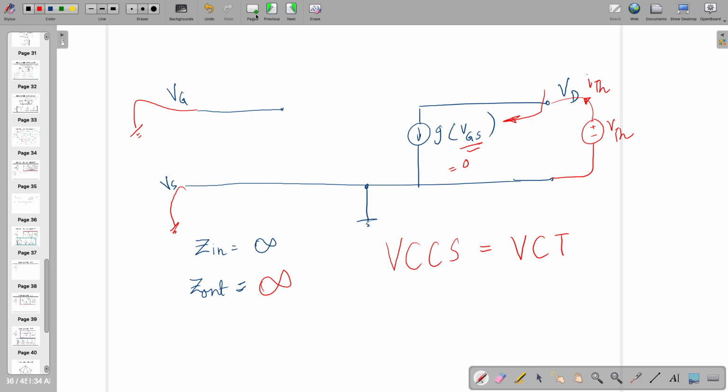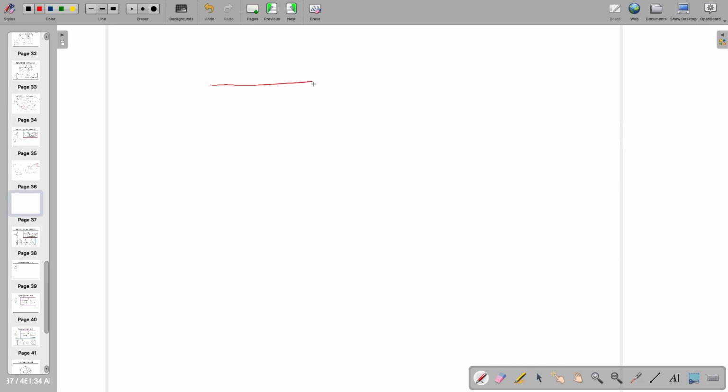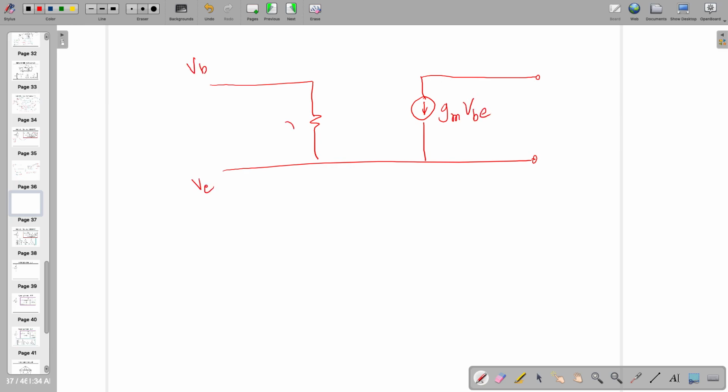But if you have a system, I'm drawing the small signal model or the pi model for BJT. So can you tell me what will be the input impedance here?